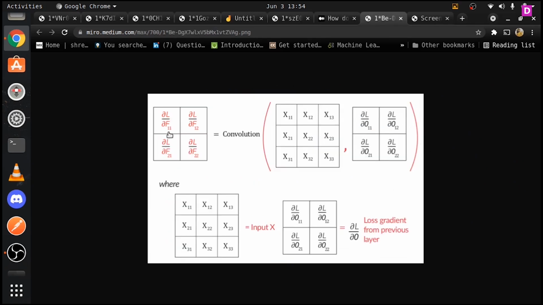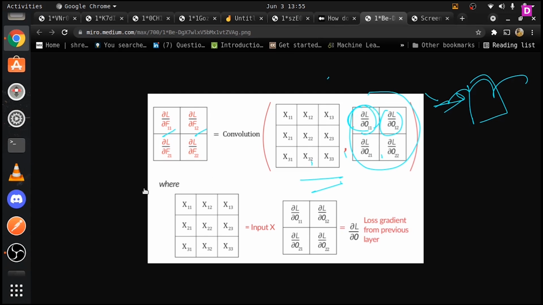So basically the differentiation of loss with respect to F11 will be the convolution of the whole thing with a differentiation matrix. These will again come from the other values while moving forward. So when you are back propagating, you will get these values on your own, and once you get them, you will be convoluting them with all these X values.